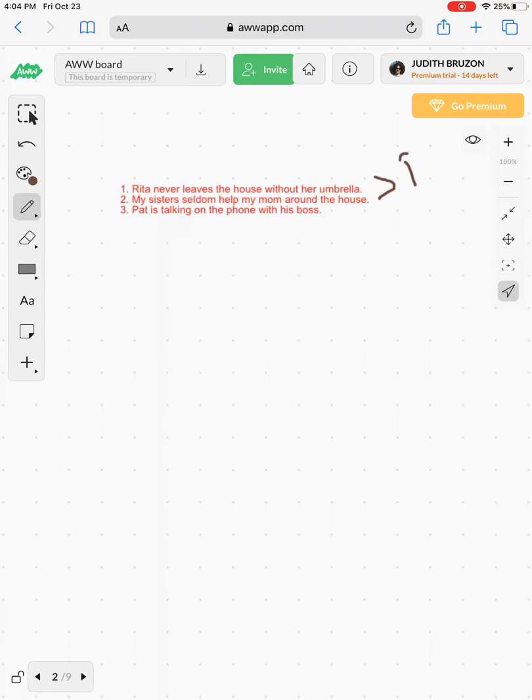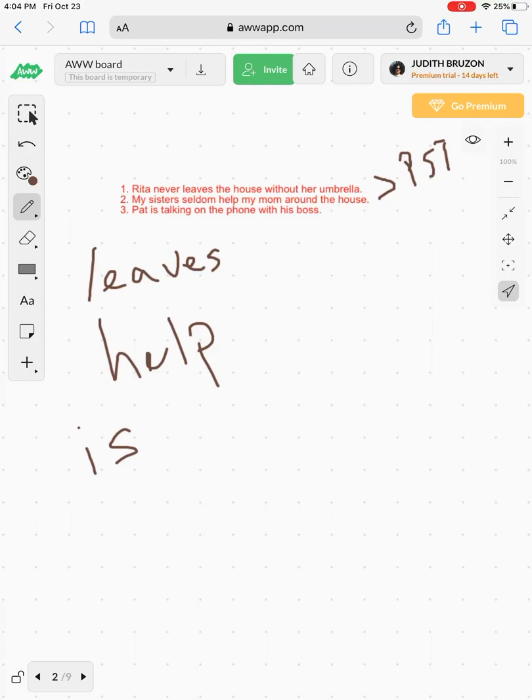Okay, well, yes, number 1 and number 2 are in the present simple tense. How about sentence number 3? No. Okay, so which one is the verb in the first sentence? Okay, very good. Leaves. How about in sentence 2? Okay. What about in sentence 3?